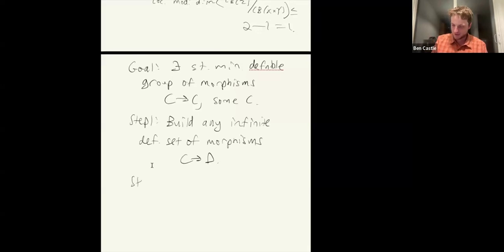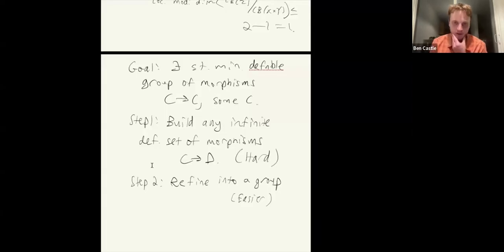Then step 2 is to refine it into a group. This step 1 is going to be the hardest thing we do in the whole class, the hardest thing of the week. And step 2 is going to be much easier.